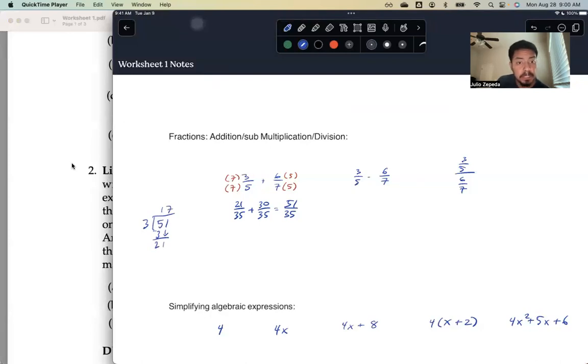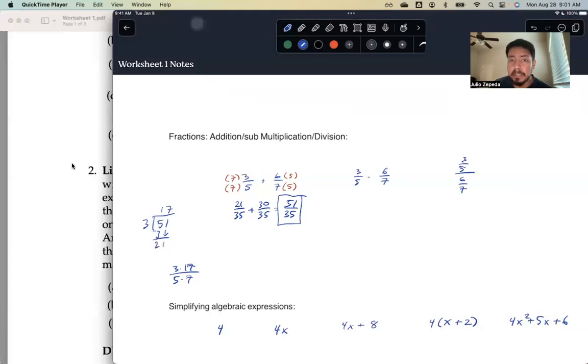So 3 times 17 is 51. And so since 3 times 17 is 51 and 35 is just 5 times 7, this will not reduce at all. So this is our answer. Okay, we can leave it as an improper fraction rather than writing it as a mixed number. Okay, so I'm sure you've seen that before.